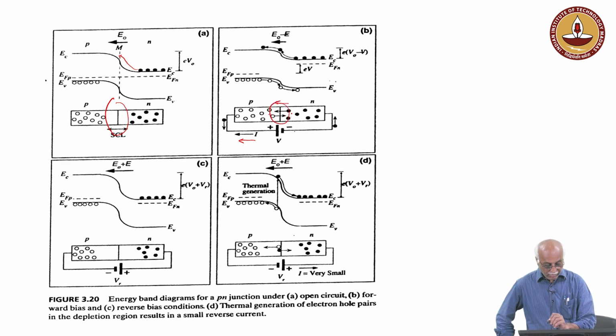This crossing happens because of the forward bias, because of the electrical field acting on this. Due to the potential applied, electrons basically gain some energy, and that energy is something like e times the difference in voltage.